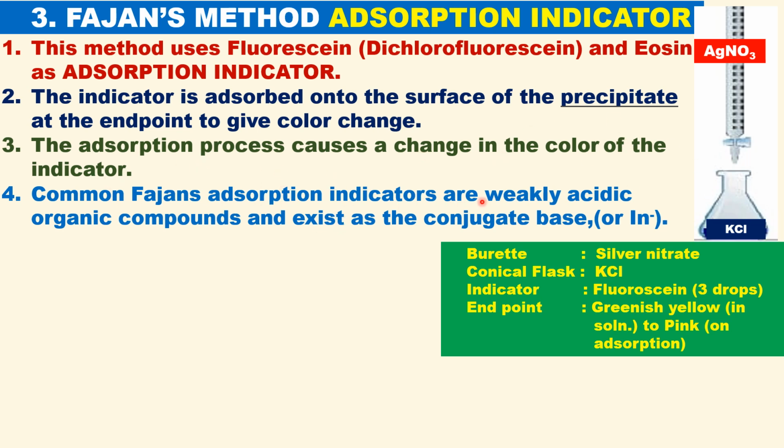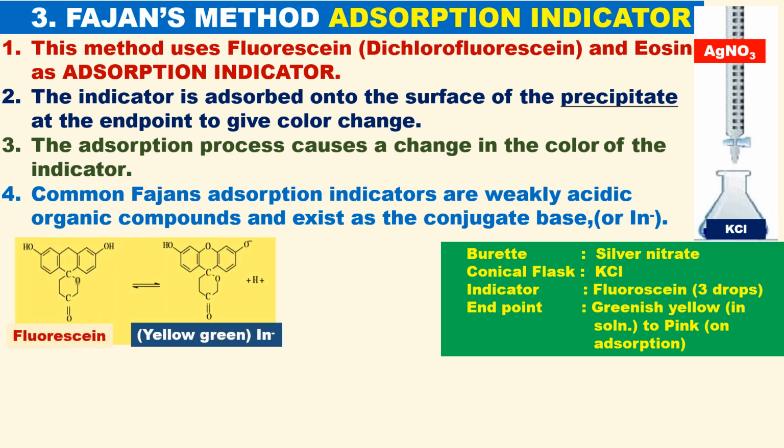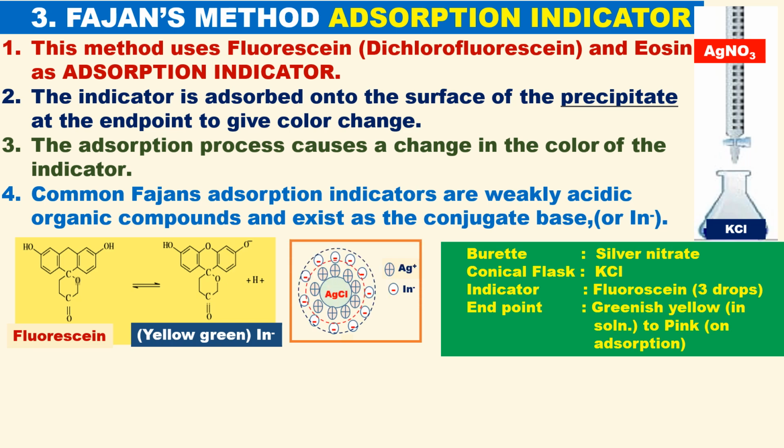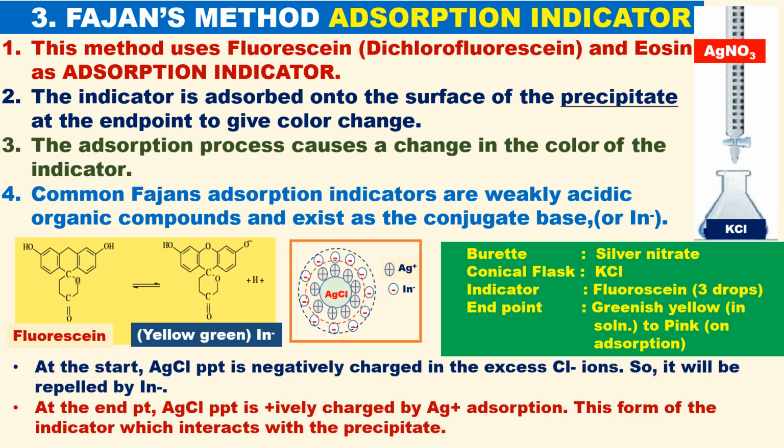The adsorption process causes a change in the color of the indicator. Common adsorption indicators are organic compounds. They are weakly acidic and they exist as conjugate base anions. So you see, in the beginning, when you add silver, silver chloride is precipitated.